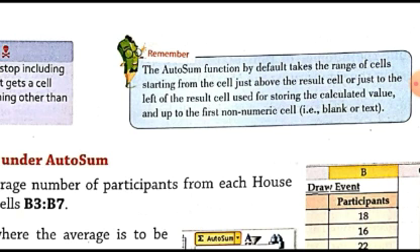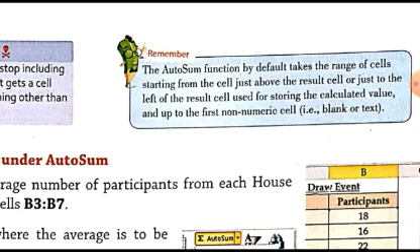It will either take above or towards the left, the left of the result cell used for storing the calculated value, and up to the first non-numeric cell. Again this should be mentioned: it takes up to the first non-numeric cell.